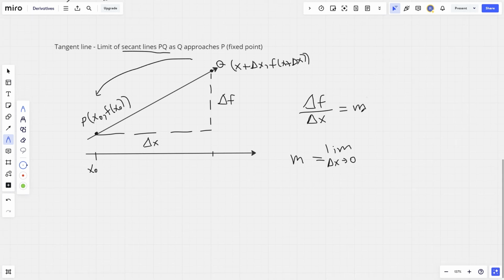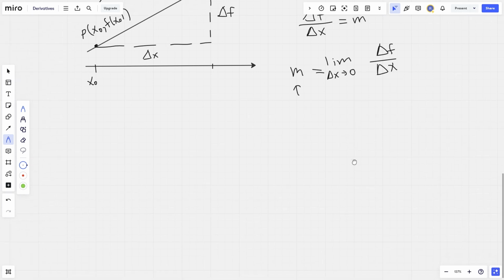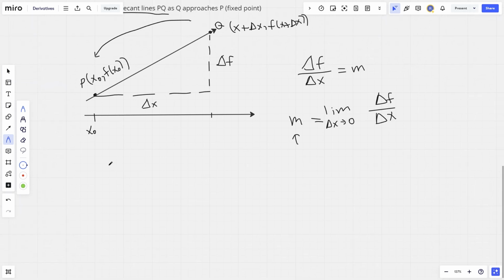So m, the slope of the tangent line, is the limit as the change in x approaches 0 of delta f over delta x. And this is the slope of the tangent line. We can rewrite this equation because, remember, the slope is delta f over delta x as delta x approaches 0.